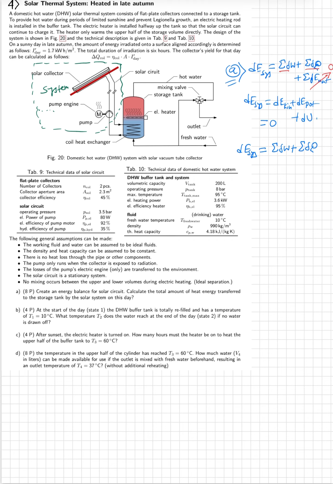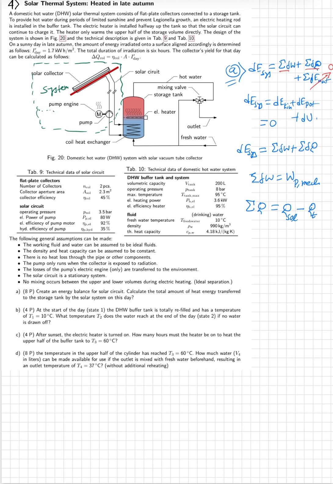And here the work transport is only via pump work. So we can write the pump work, and that is the mechanical work. And here, if you construct the energy balance equation, solar radiation enters as heat, and heat leaves into the tank. So basically, it goes in through the solar system, then it leaves the system and goes to the tank.